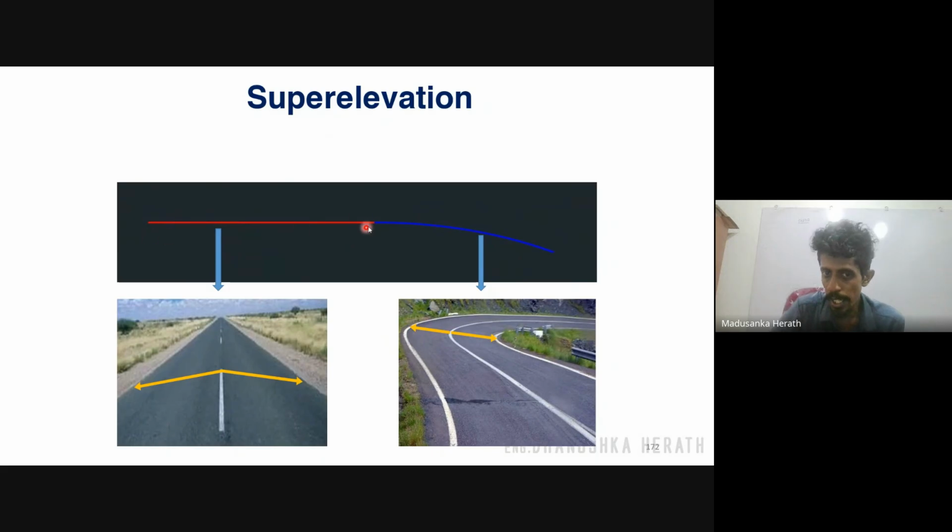Right? In this red color section, the straight section, the road is something like this. We have the normal crossfall. Here the super elevation is minus 2.5.